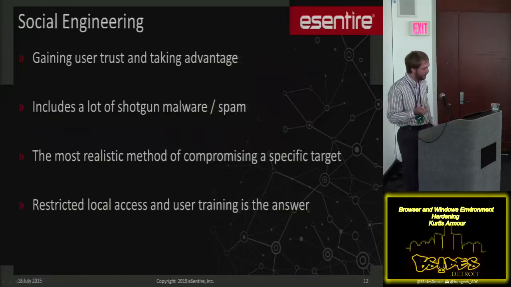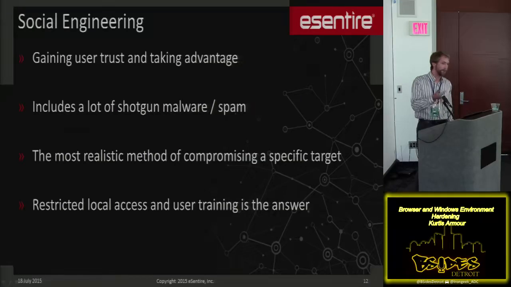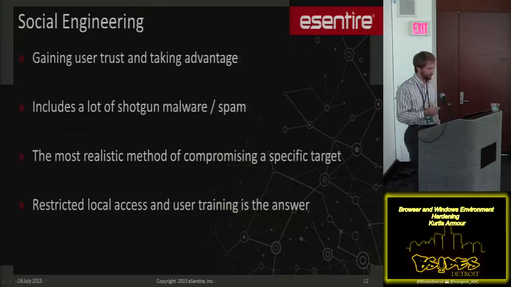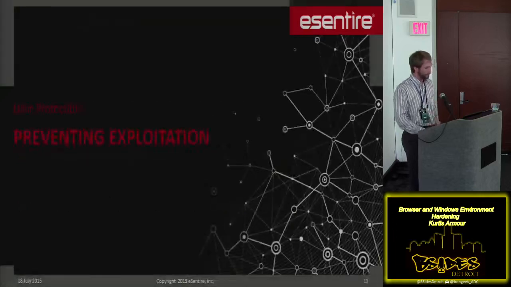This also goes into the most realistic way of compromising an organization, which is through social engineering, so targeted attacks. You essentially host your own exploit kits, send a bunch of spam, get them to go to your exploit kits, and then get footholds within the network. And then obviously restricting local access on these computers and consistent user training is always the way to go.